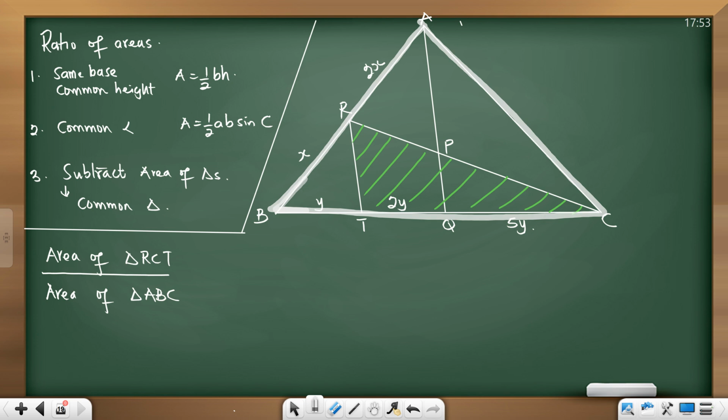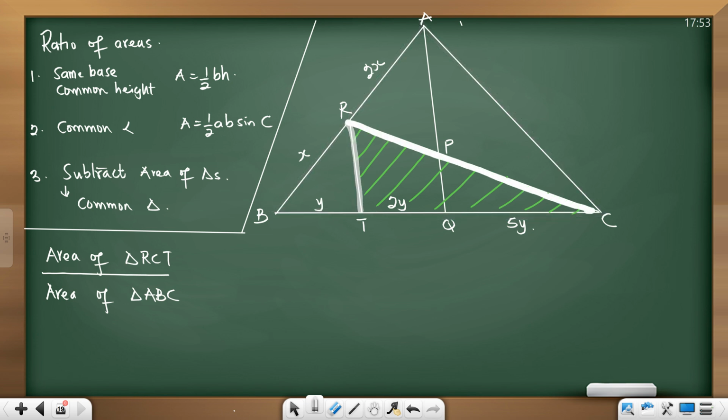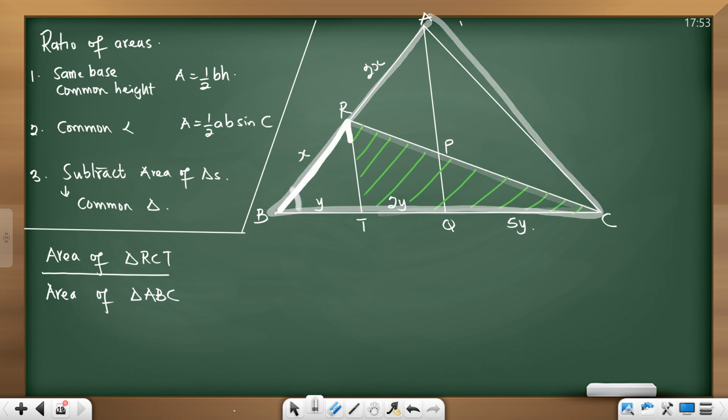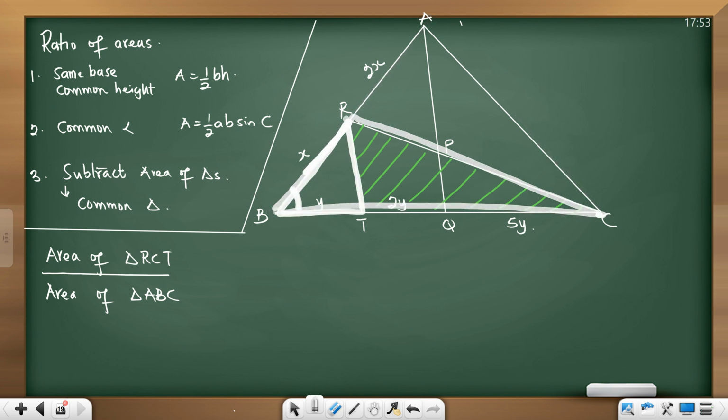I'm looking for this one, but I'm seeing that I have a big triangle, and instantly I'm seeing that here I have another small triangle. So if I say BRC, which is this whole triangle, minus BRT, do you notice I'm still resting on this guy? That will give me that.